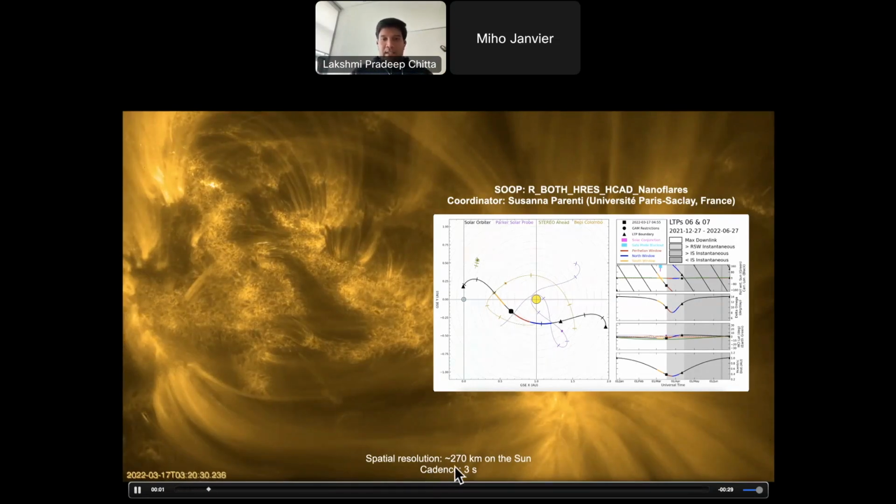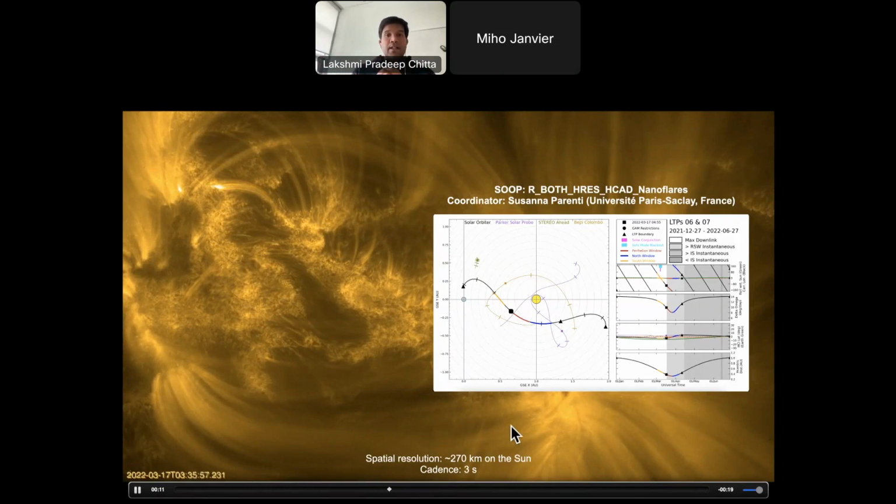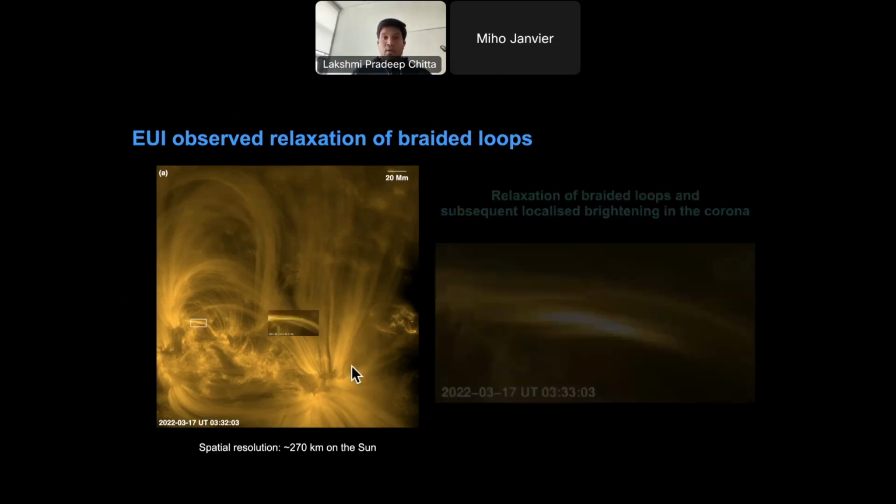And the cadence is also 3 seconds. Like I mentioned, these numbers mean that we can observe finer and finer details of the solar atmosphere than before. Now let us take a closer look at this active region and what kind of evolution we might be observing there.